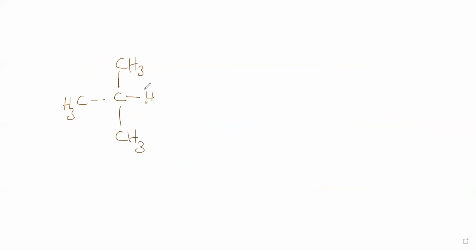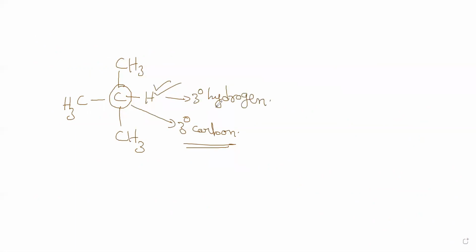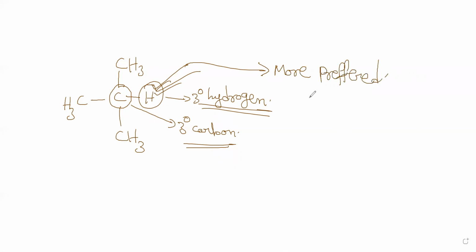When you look at this carbon, this is a tertiary carbon, a carbon connected to three carbons. This is my tertiary hydrogen. The tertiary hydrogen is substituted by the chlorine. This is more preferred to undergo substitution. This is what you have to remember.